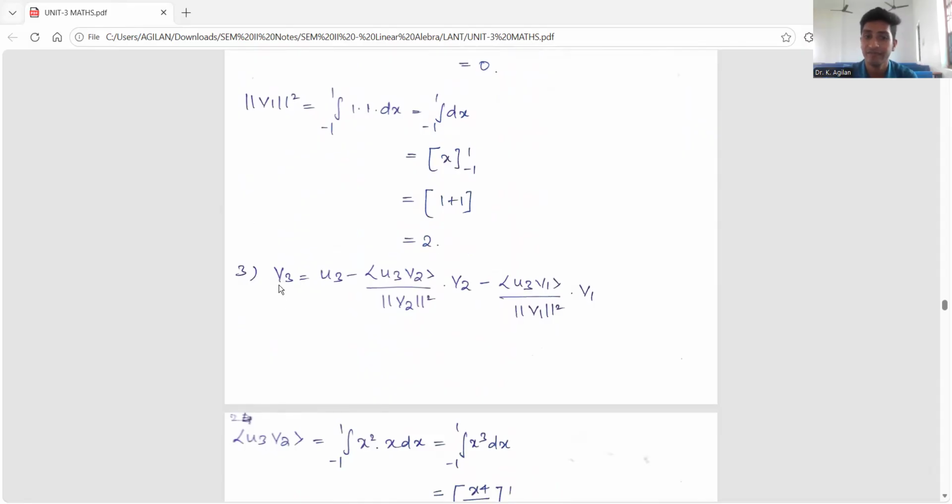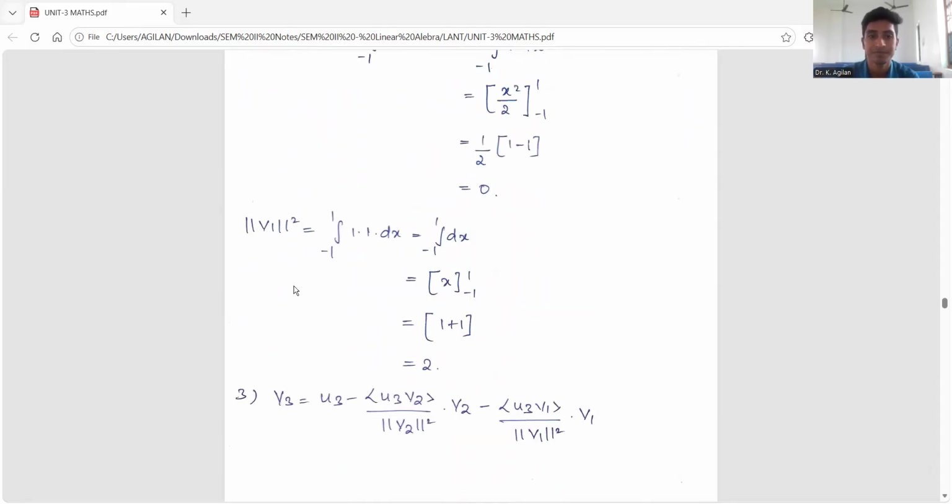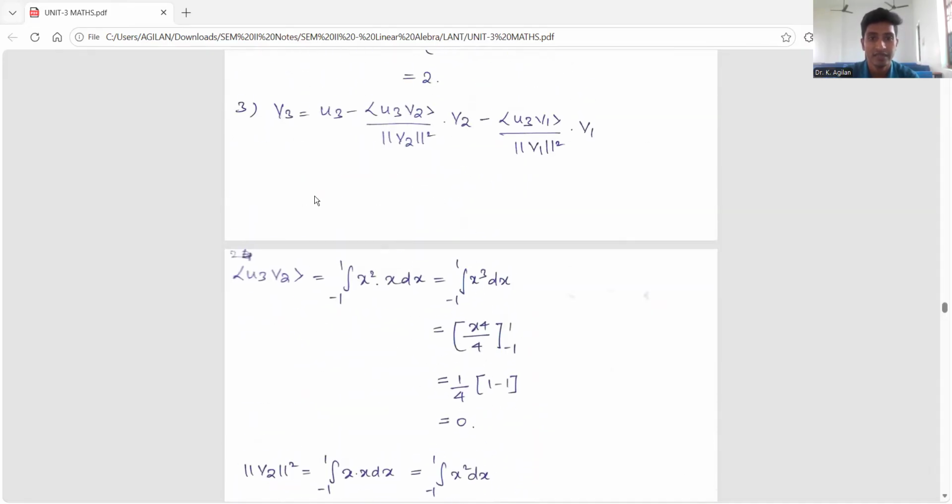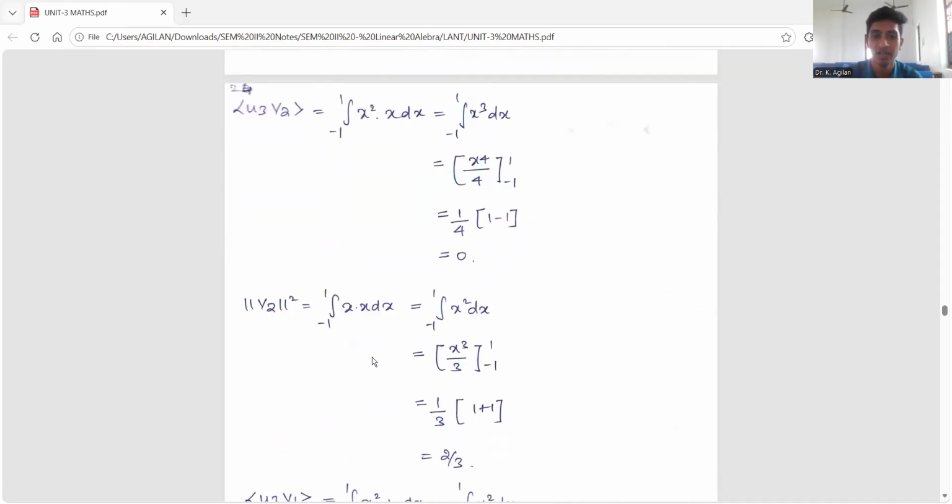Similarly, we need to find v3. v3 also has a formula. In the last video we used u1, u2, u3 in the formula; here, wherever u occurs, we replace it by v. Simple. Similarly, we need the parameters of u3: the inner product of u3 comma v2, the norm of v2 squared, the inner product of u3 comma v1, and the norm of v1 squared. Substitute all these values and we get the v3 value.